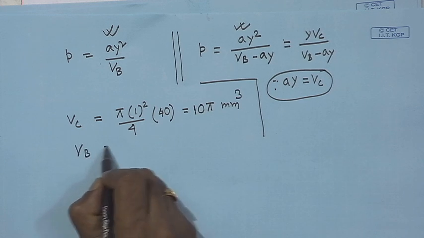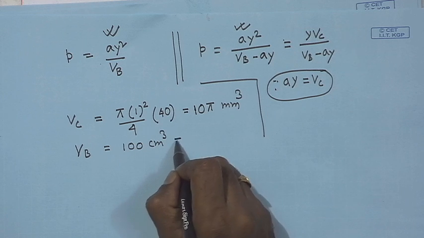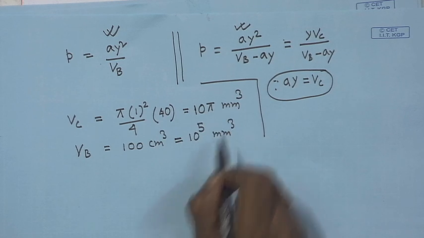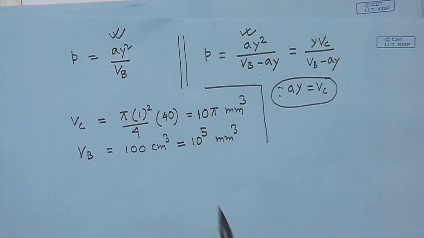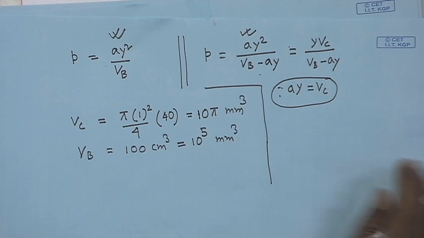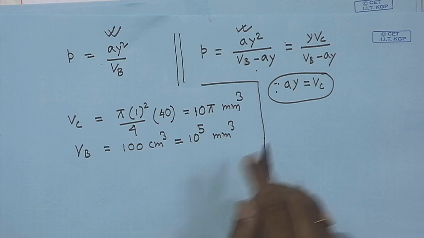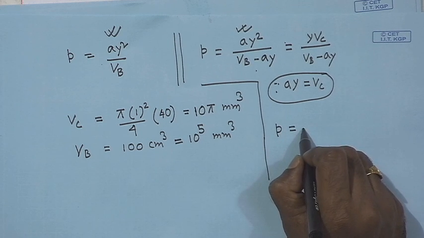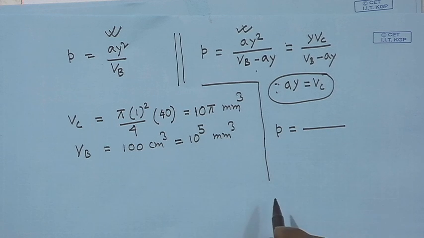V b is given as 100 centimeter cube, which is the same as 10 to the power 5 millimeter cube. So, from this equation, which is the exact equation we derived last time, we can find out P as 10 pi.